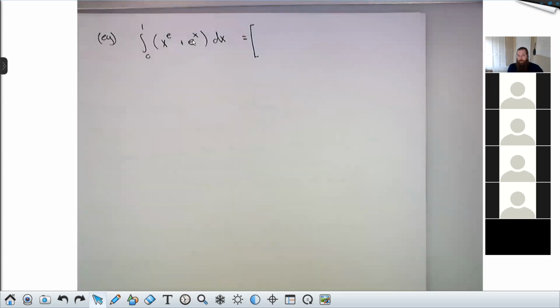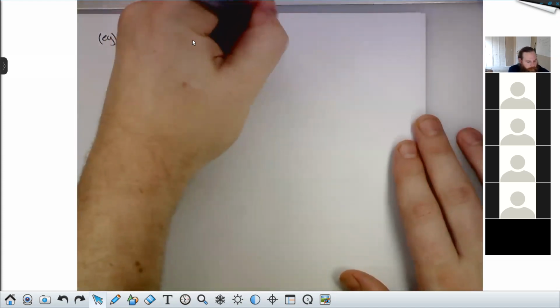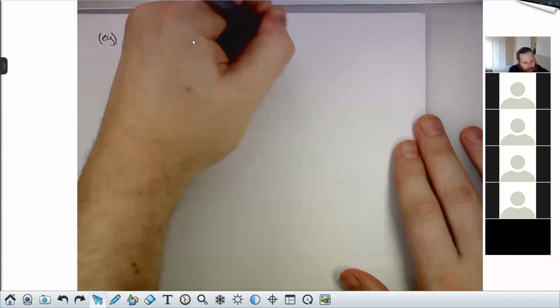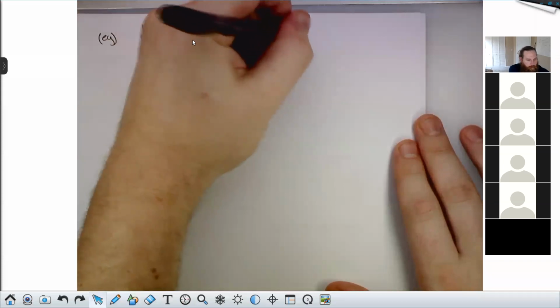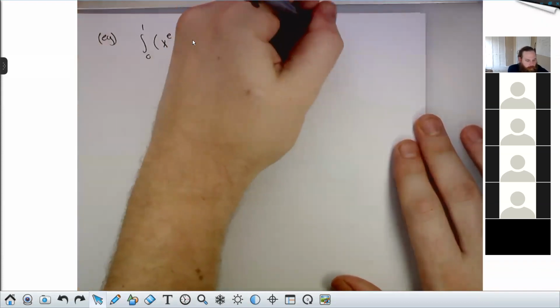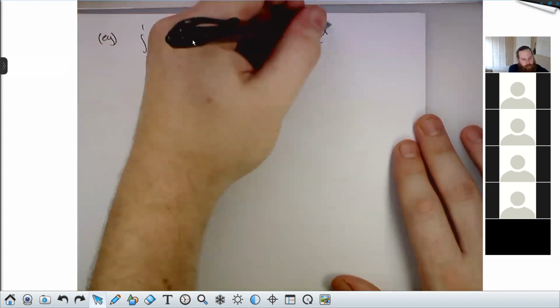So e to the x is its own derivative and antiderivative, but x to the e is a different kind of function. It's not an exponential. Remember, e is a constant, right? This is like x to the 2.7. So this first piece has its antiderivative coming from the power rule. But the second piece, e to the x, is its own derivative and antiderivative. So it stays the same.